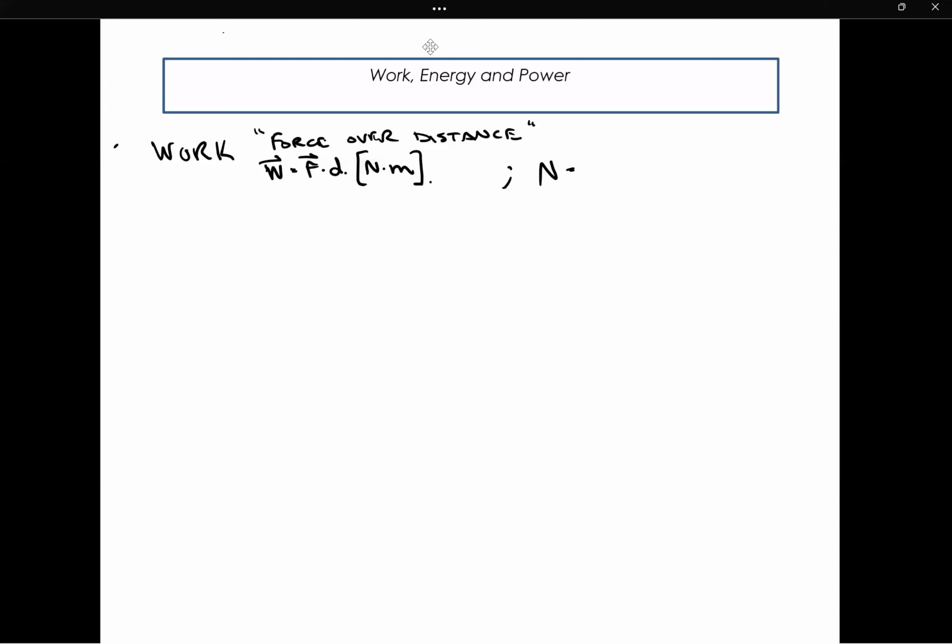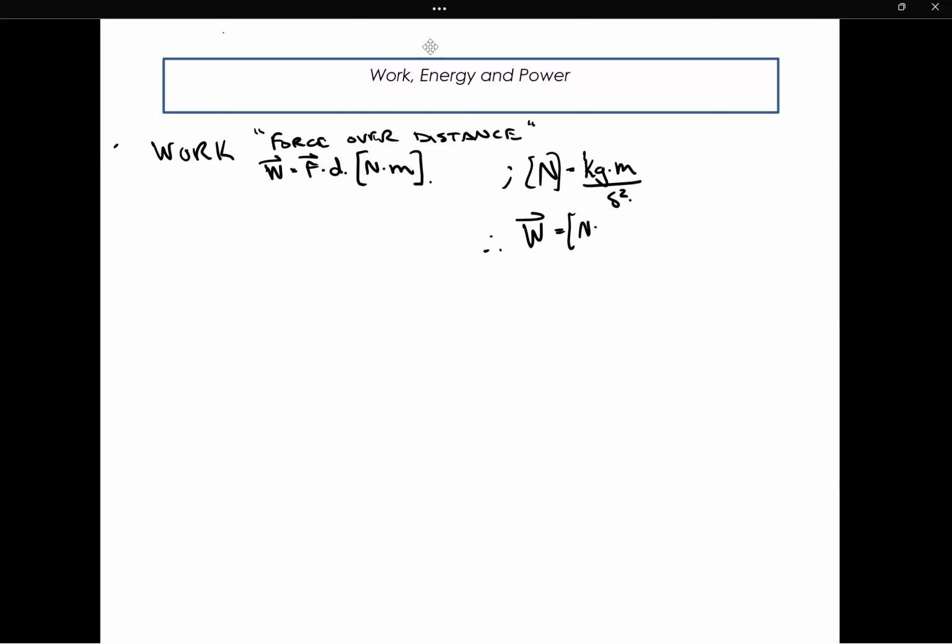The base SI units for a newton are kilogram meter per second squared. So the units for work would be newtons times meters. We're just doing units here.